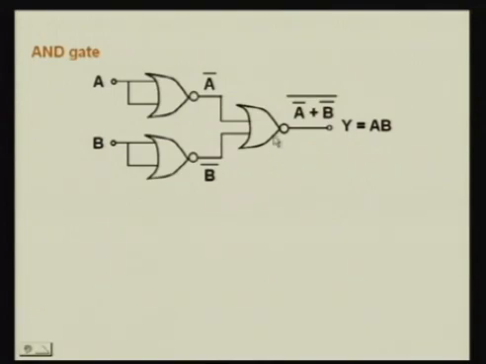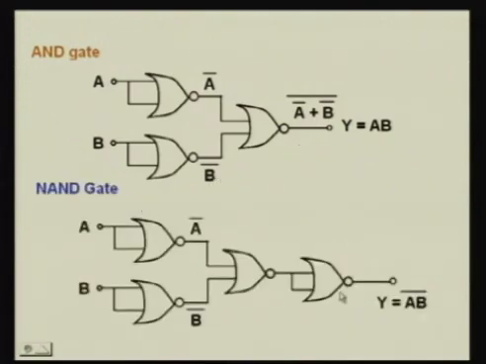Now if we want to use NOR gate as a NAND gate, what do we have to do? We simply use this output as the input of a NOT gate, that is, the input of a NOR gate. We have to use one more NOR gate, and apply this output Y to it as an inverter. This is the NAND gate you can see. Up to here it is similar to the AND gate.